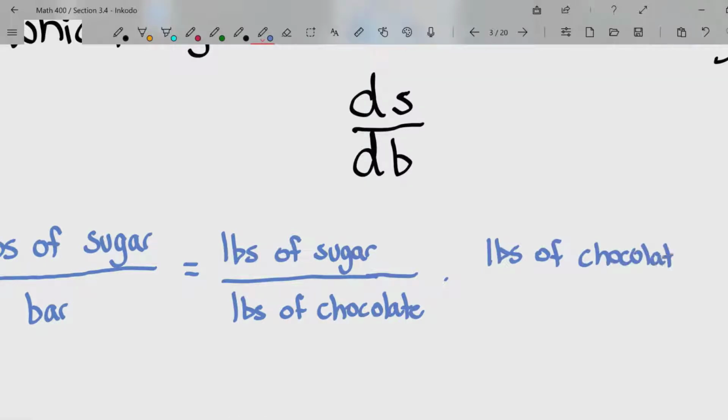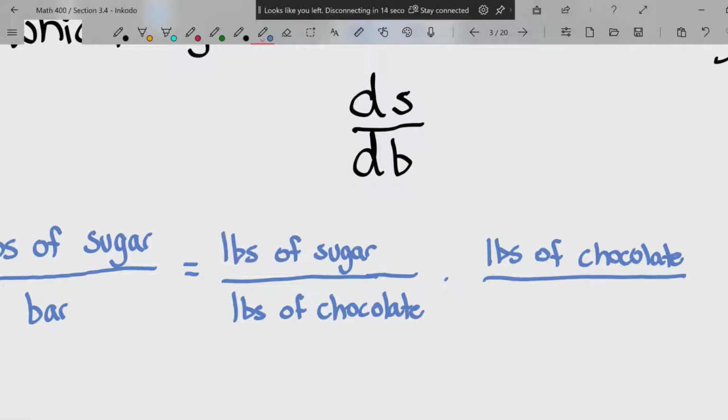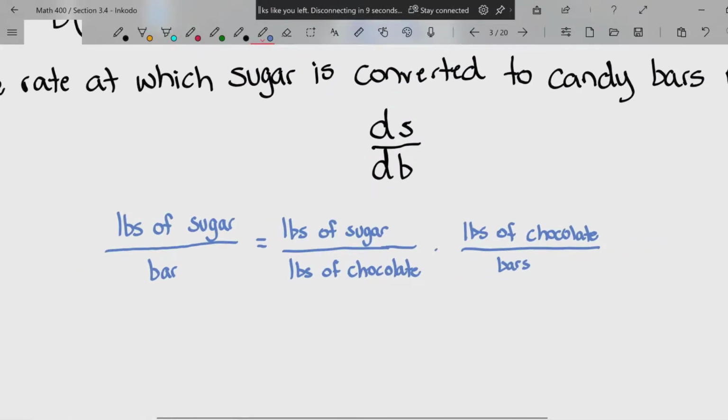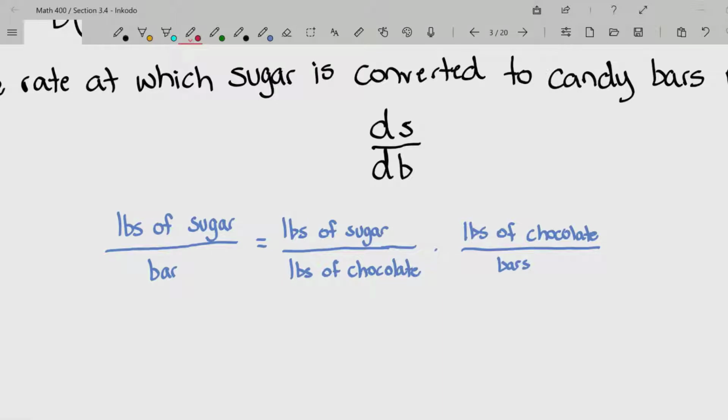Pounds of chocolate, and we're going to convert that to number of bars. Notice if I write it this way as fractions times fractions, it looks like, hold on, my screen always does that, I don't know why. It looks like we can cancel the words pounds of chocolate, and we would get pounds of sugar per bar.